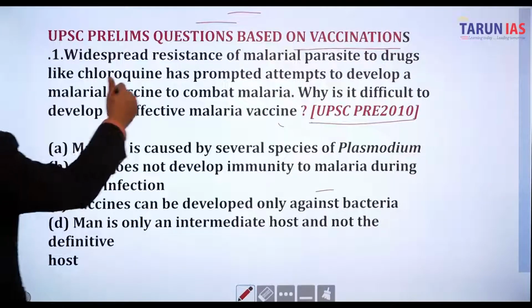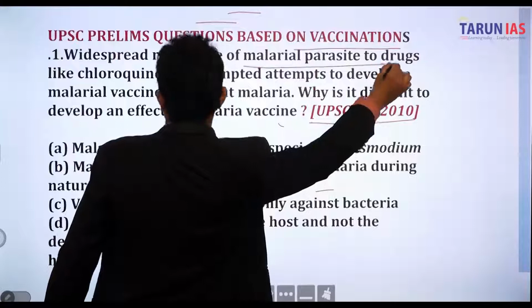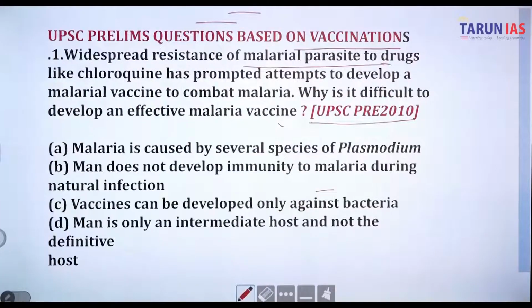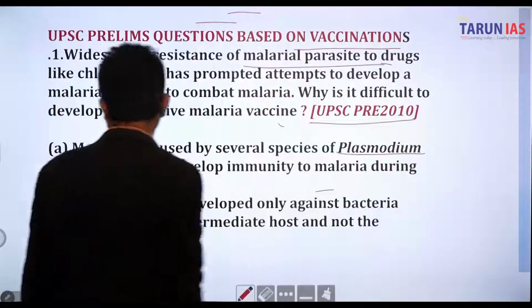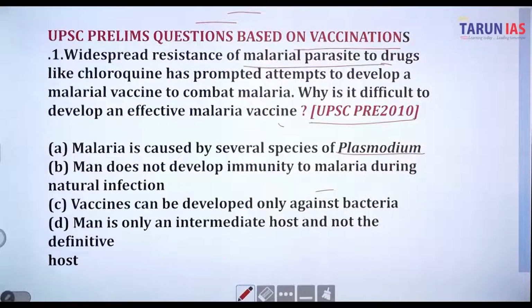So it is basically asking about the malarial parasite and drugs. Option A, malaria is caused by several species of Plasmodium. The technical name Plasmodium has been asked. Option B, man does not develop immunity to malaria during natural infection.